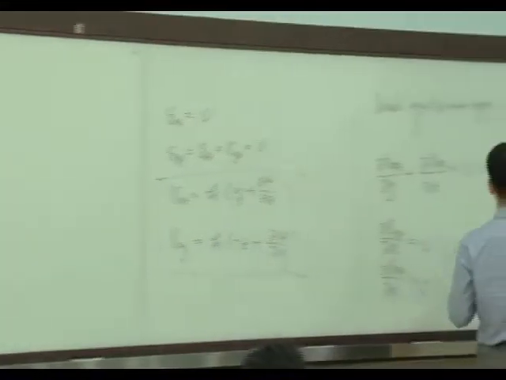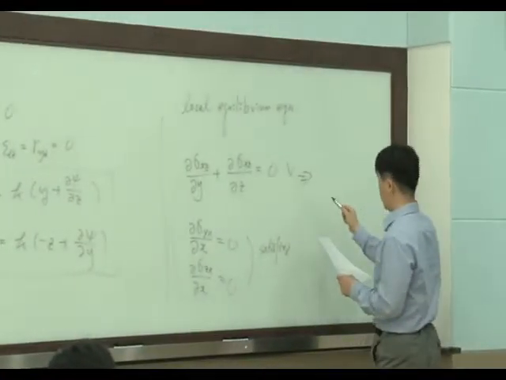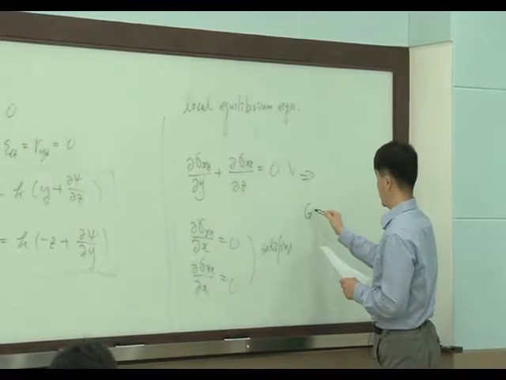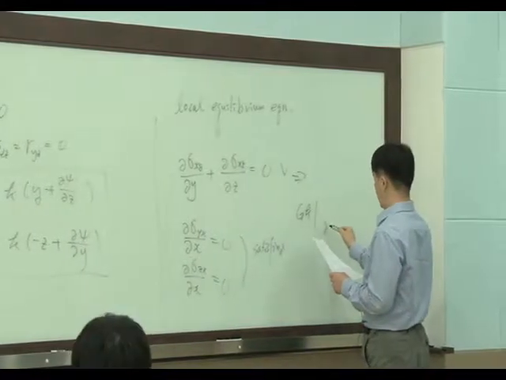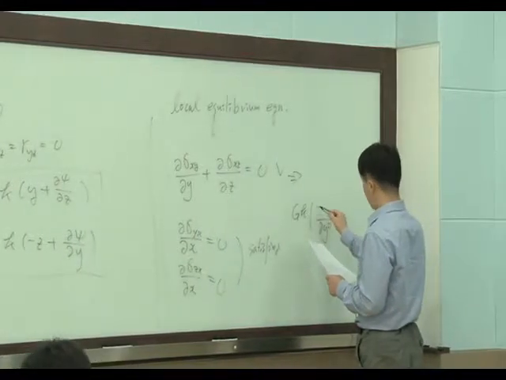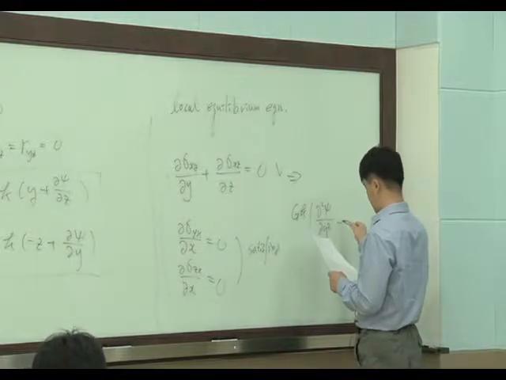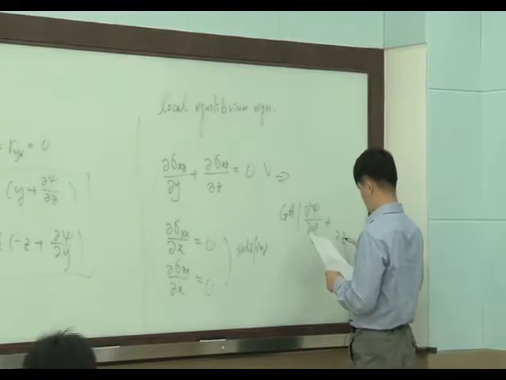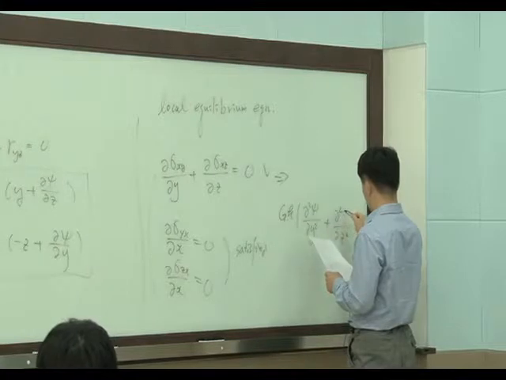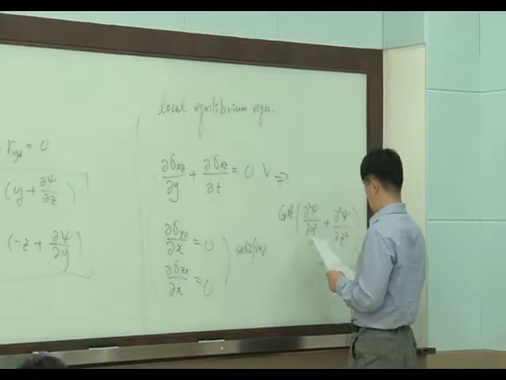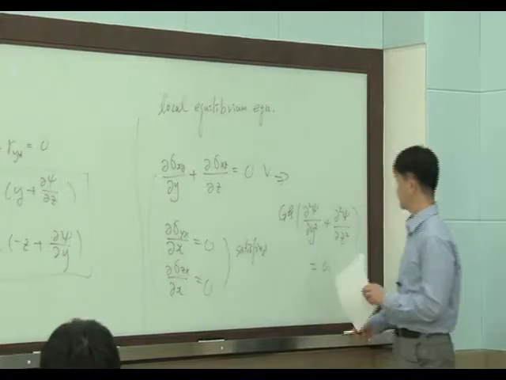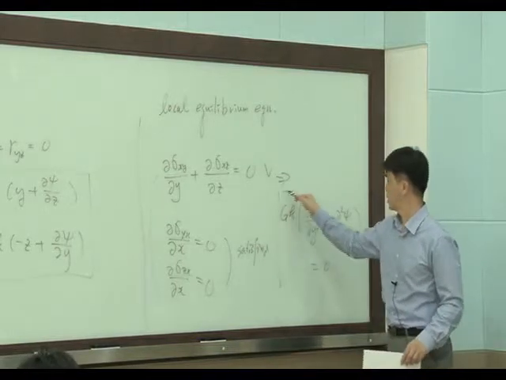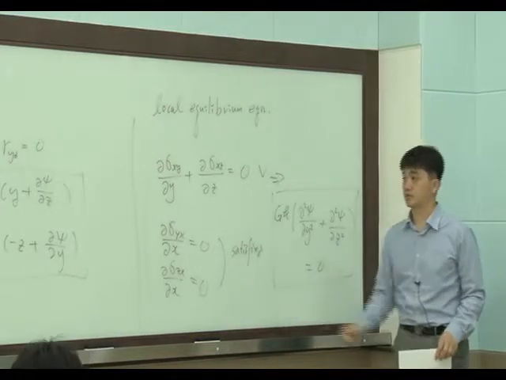Then from this equation, we can have the partial derivative terms sum to equal 0. So we can find out this result.